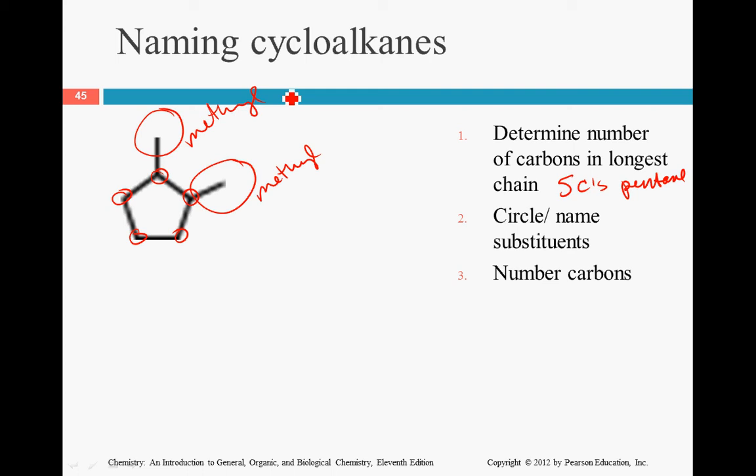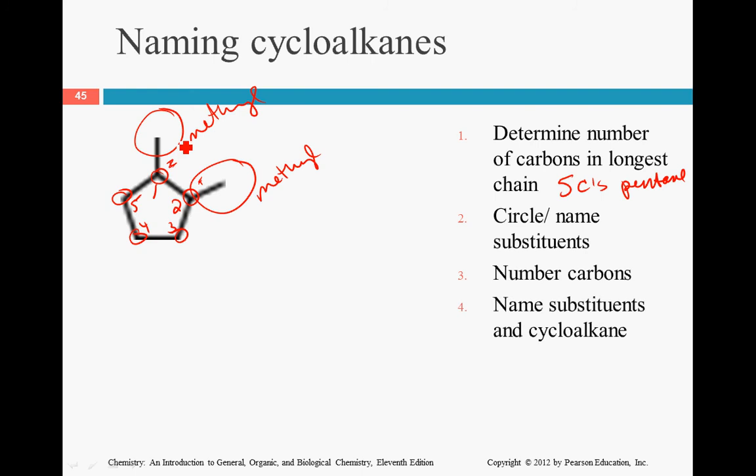Number the carbons. You're going to want to number them so that way the methyl groups have the lowest number possible. So 1, 2, 3, 4, 5. Now, granted, you could have started here, 1, 2. The numbers would have been the same, so your answer would be the same either way.